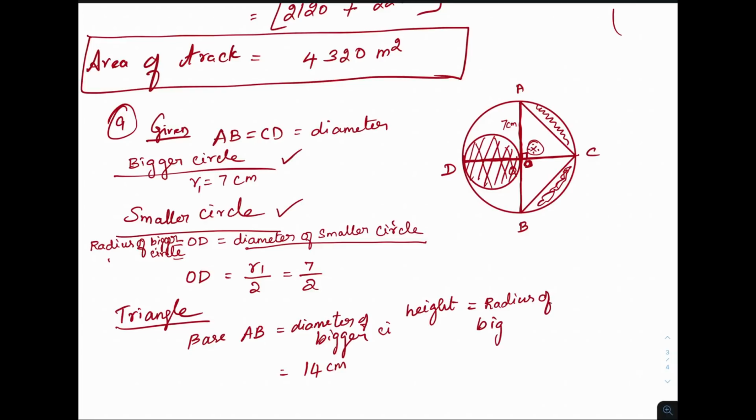All these we know. The bigger circle radius is equal to 7 centimeter. Now we can easily apply.